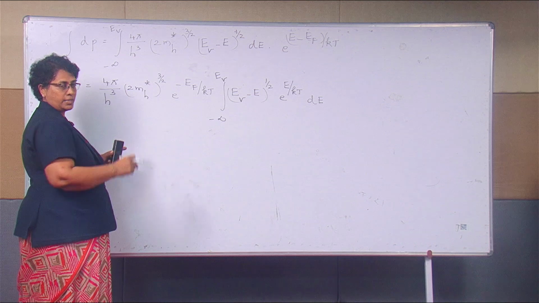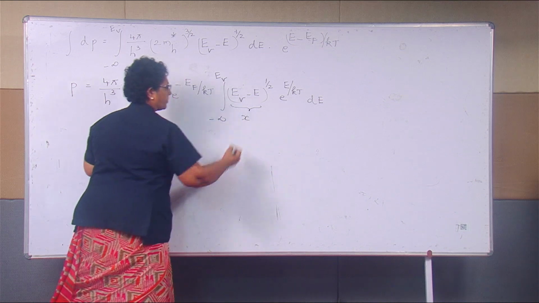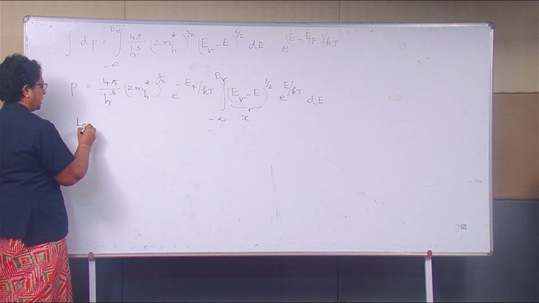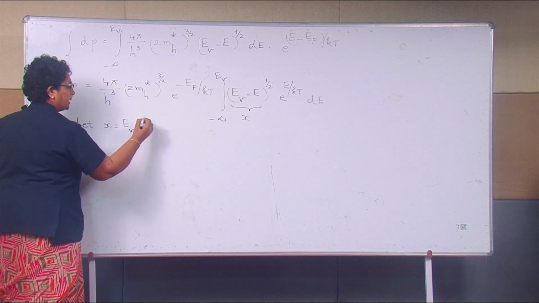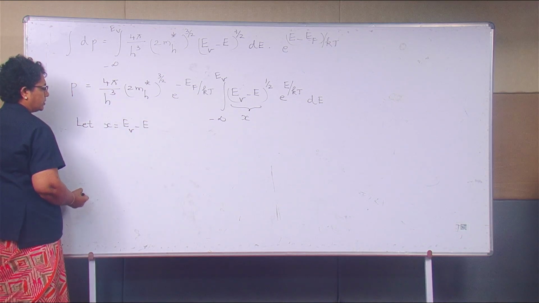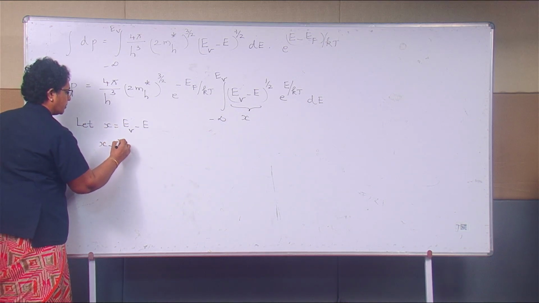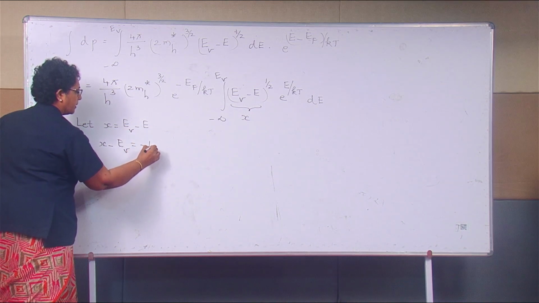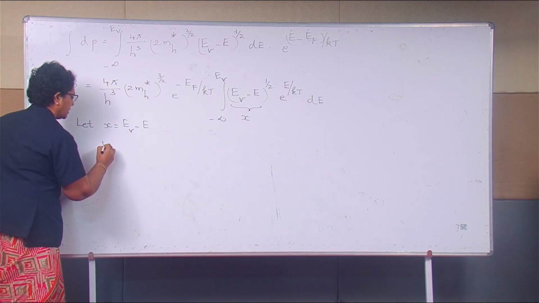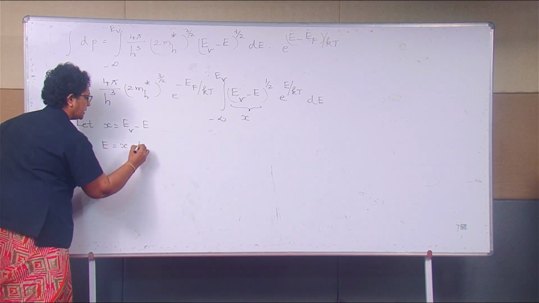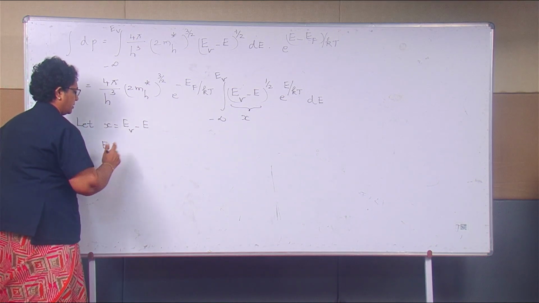Now, as we did for electrons in CB, we have to consider here this as x. So let x is equal to EV minus E. So now what can be E? Bringing this side, minus E is equal to x minus EV, so E can be taken as EV minus x, or anything else, no problem.